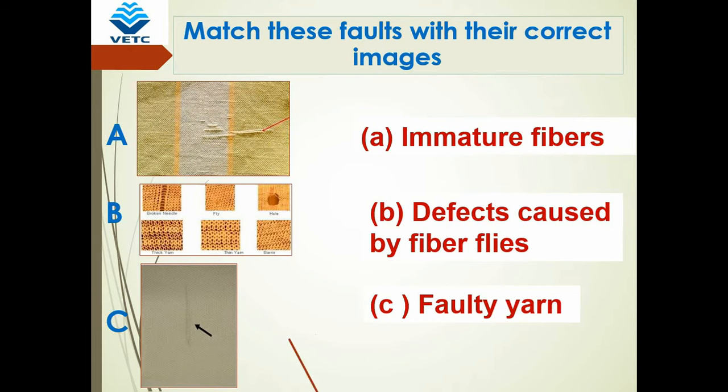So picture A we say is a faulty yarn, and picture B is woven with yarn including immature fibers. So picture B is a defect caused by fiber flies, and the last one, of course, is the immature fibers.